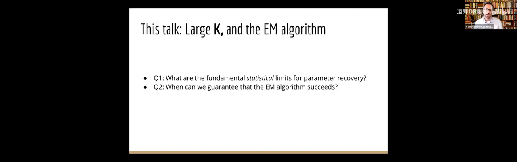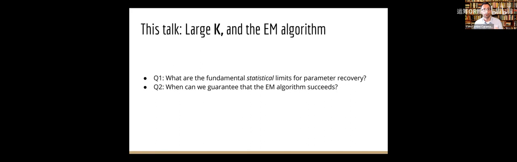And at the same time, I'm interested in the specific behavior, performance, and guarantees that we can give for the EM algorithm. So these on the surface appear to be two somewhat unrelated or separate questions, certainly not unrelated. The first being, what are the fundamental statistical limits for parameter recovery?